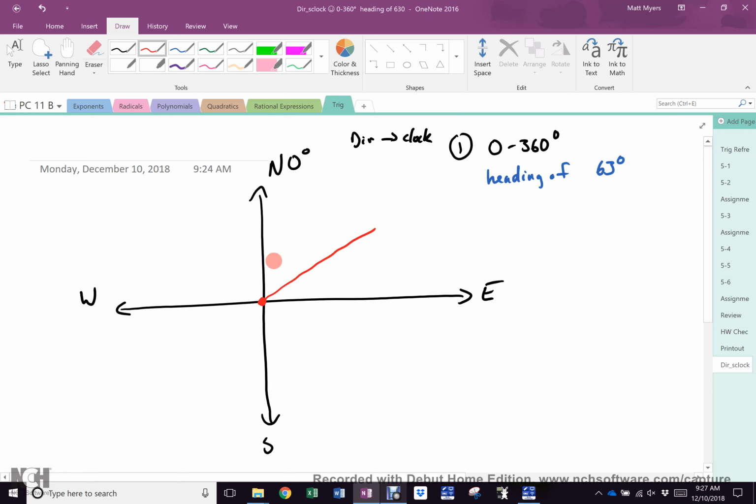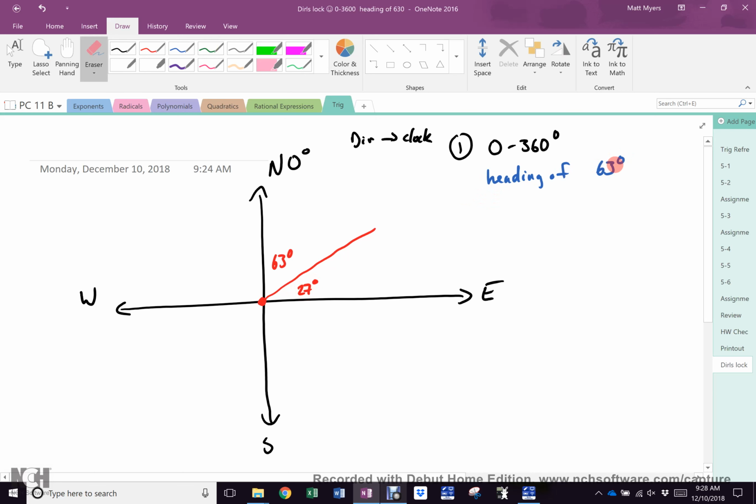Is it A or B? It is in A. Does everybody understand that? And if that's 63, what's this? 27. Is everybody cool?